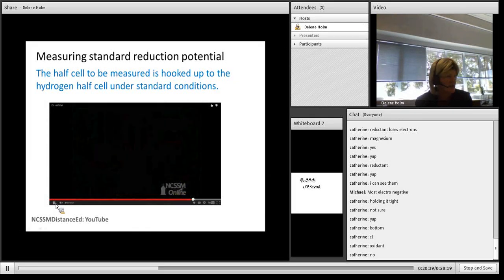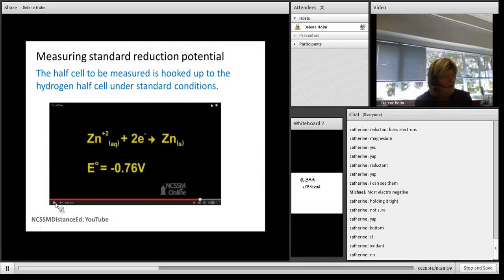So if the reaction works the opposite way, so in other words, it's the zinc that's gaining electrons, then we give it a negative value. Because if the zinc's gaining electrons, the hydrogen must lose the electrons. And remember, we want to have hydrogen as a reduction potential, so it means this has had to work opposite.